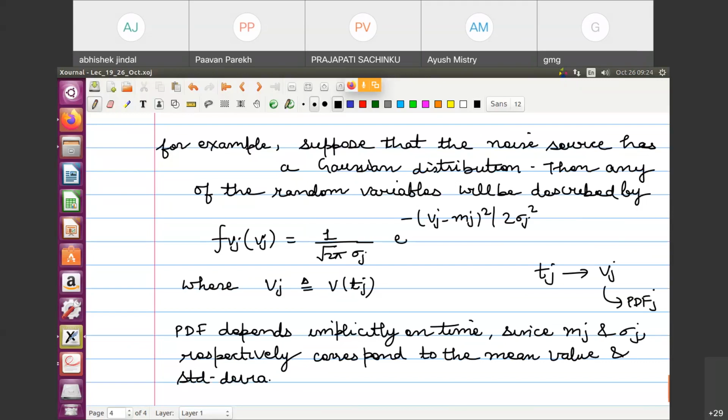Standard deviation measured at the time tj, measured at the time t equal to tj. Okay, this should be clear.